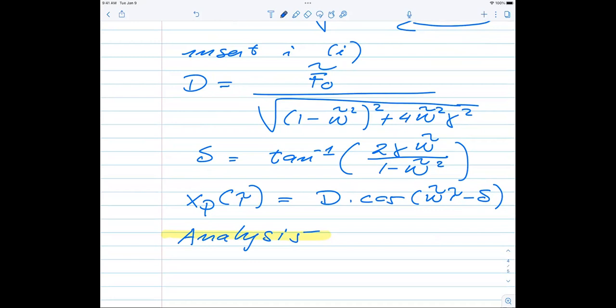This term d tells us how big the oscillation will be. d depends sensitively on the natural frequency of the system, the applied frequency of the external force, and this damping parameter gamma.